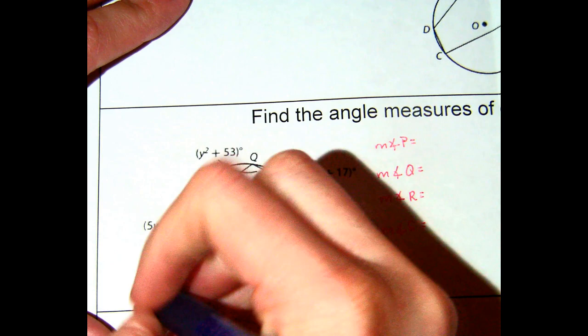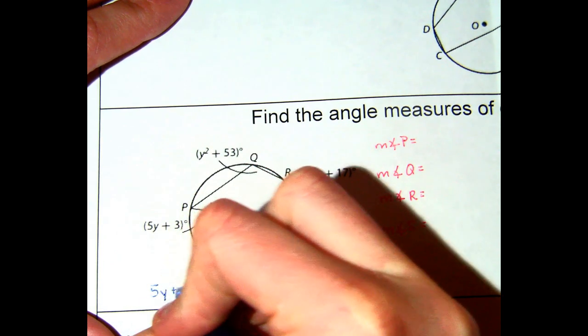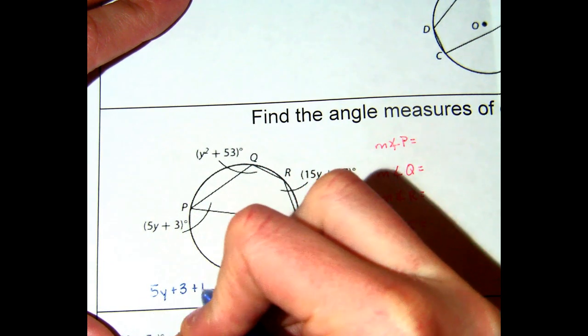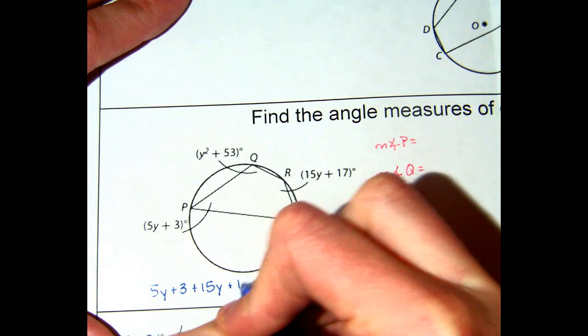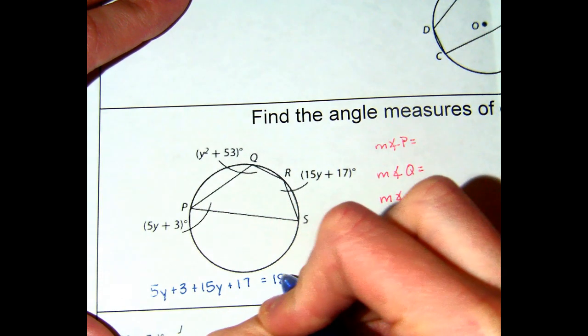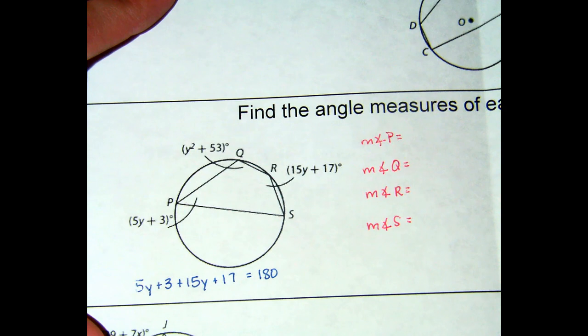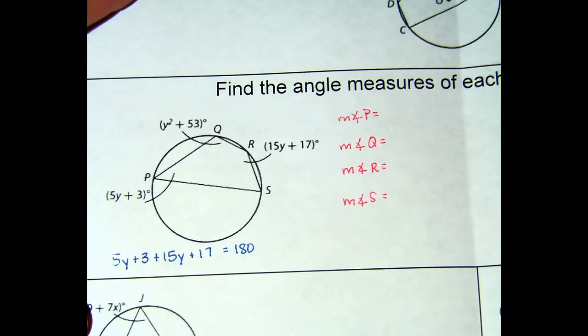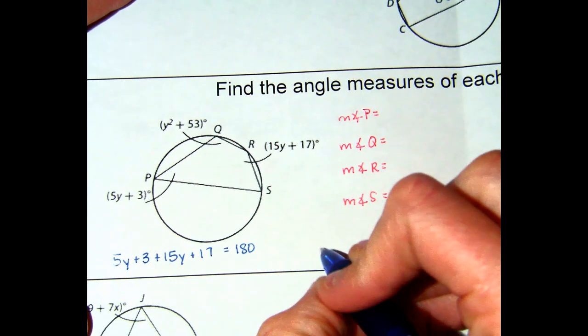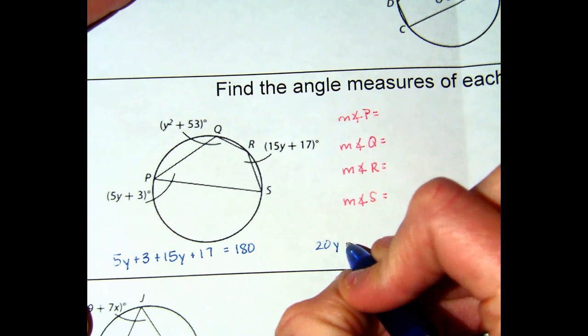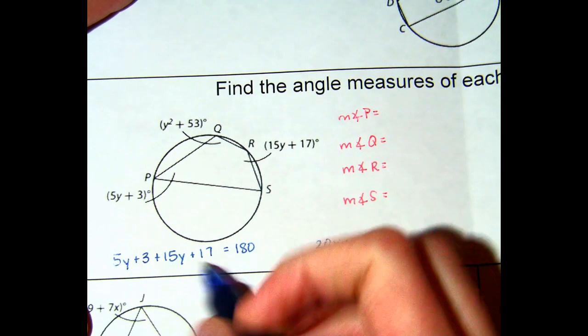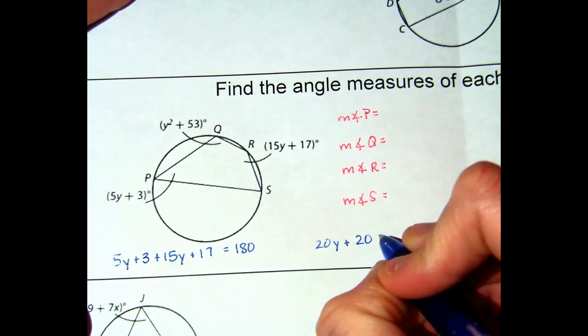that 5y plus 3 plus 15y plus 17 equals 180, because the opposites are equal to 180. And then we're going to solve from there. So 5y plus 15y gives us 20y, plus 3 plus 17 is 20, equals 180.